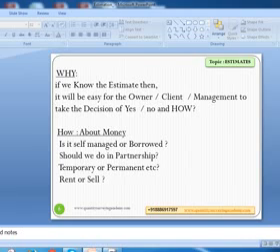Now if I elaborate a little more, I am putting a heading: why. If you know the estimate, or if you know the cost, then it will be easy for the owner, client, management or the government to take the decision of yes or no. Also important is how.